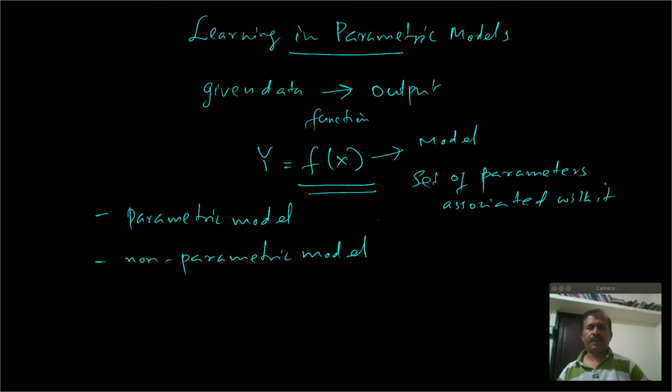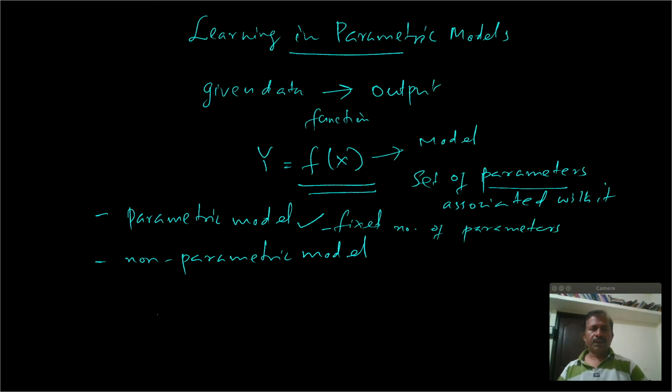And in the case of a parametric model, these set of parameters are fixed. So this is a fixed number of parameters, right?